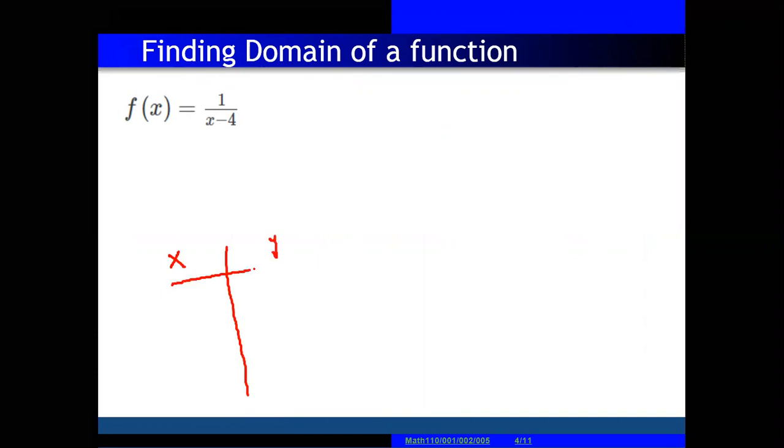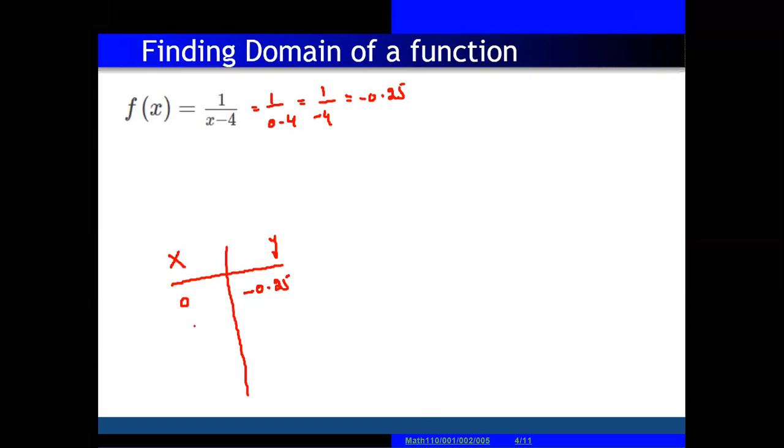First of all, if you give x equal to 0, let's suppose a positive value, 0. So 1 over 0 minus 4. 1 over 0 minus 4 means 1 over minus 4, and 1 over minus 4 is equal to minus 0.25. So the result is minus 0.25.